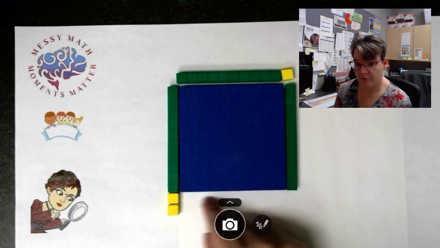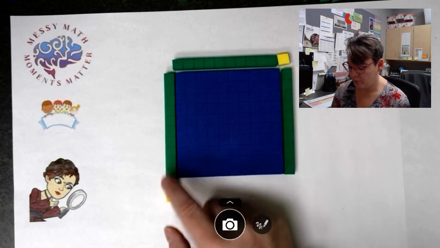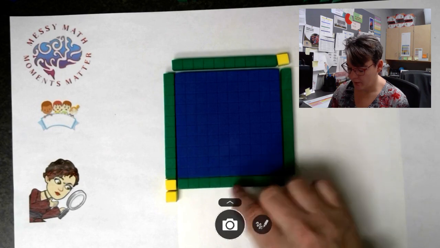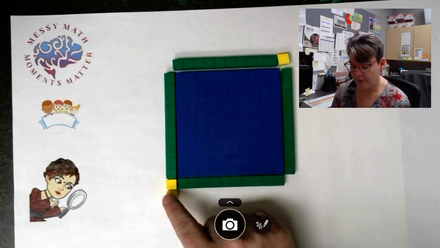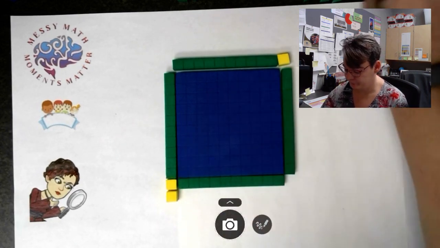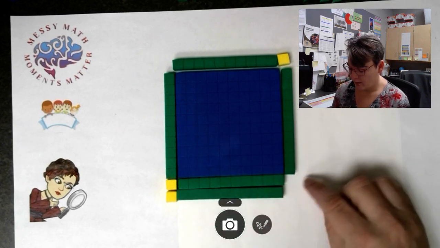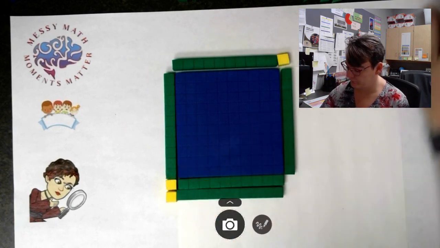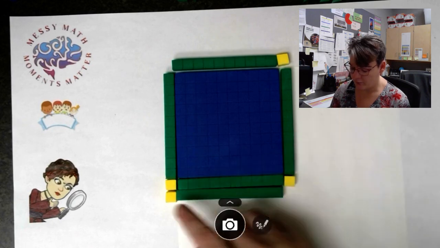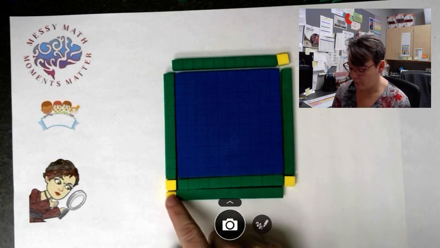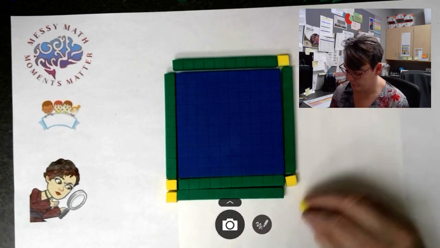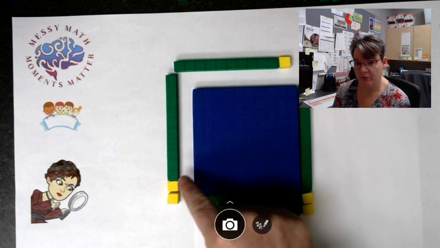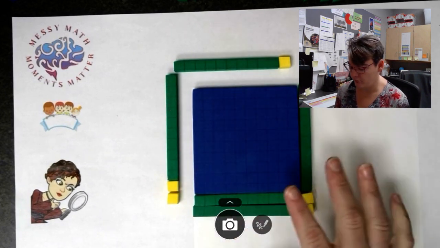A base 10 block that fits in here that is 1 multiplied by 10, another that is 1 multiplied by 10, and then blocks that are 1 multiplied by 1. And when they're done, they'll be able to see that 11 multiplied by 12 is 132.